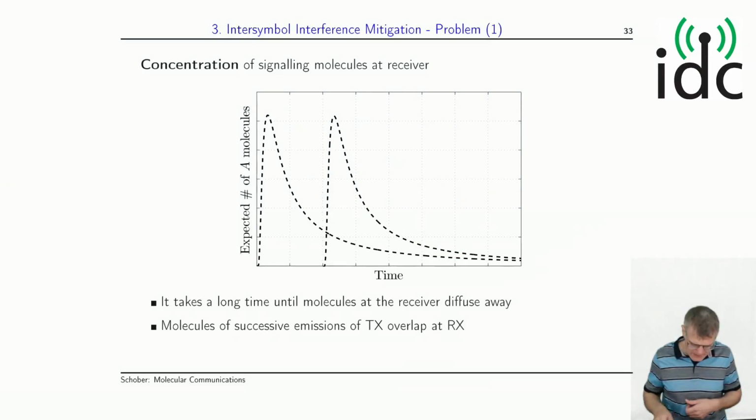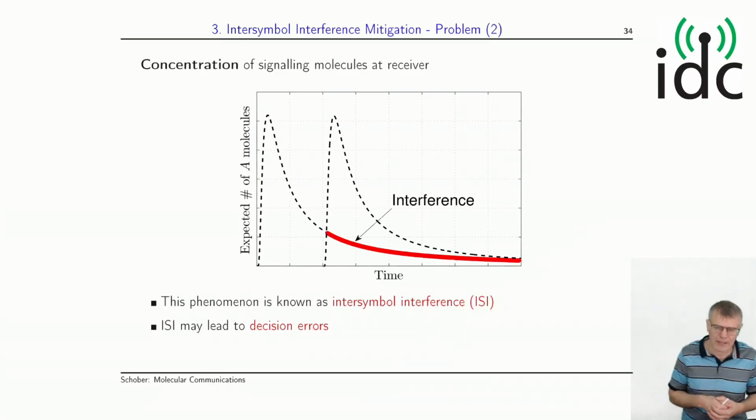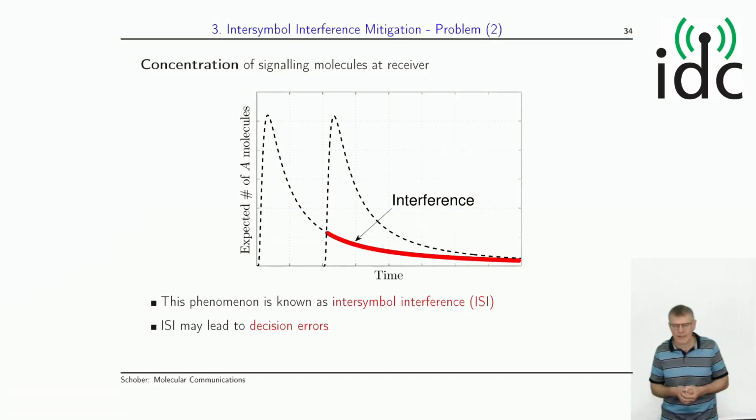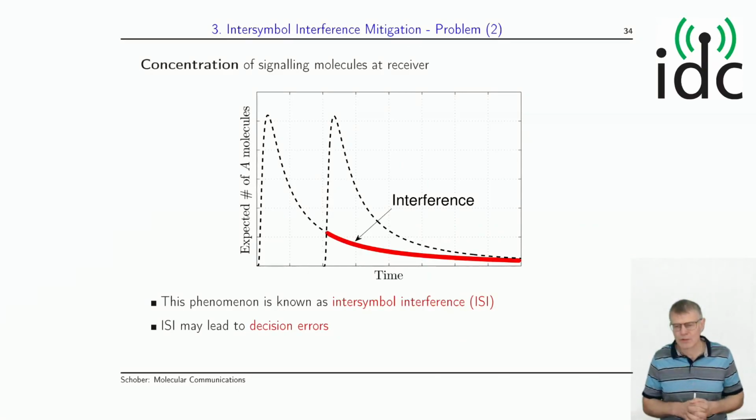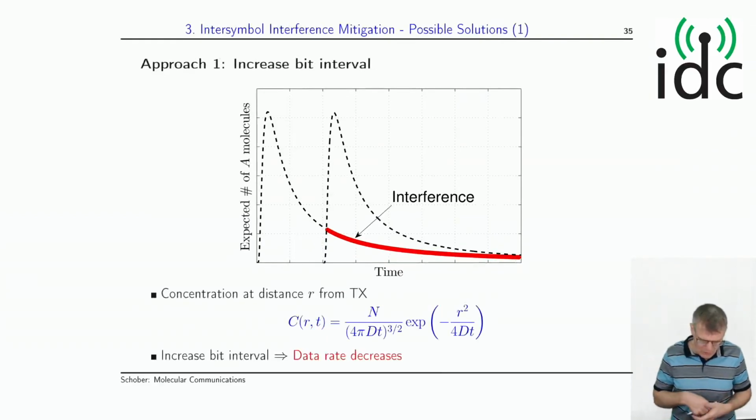And now you can see that there's overlap between these two pulses. This overlap is what we call intersymbol interference. And you know, maybe from conventional wireless communications, that this will lead to less reliable communication and more decision errors. So what can we do to overcome this?